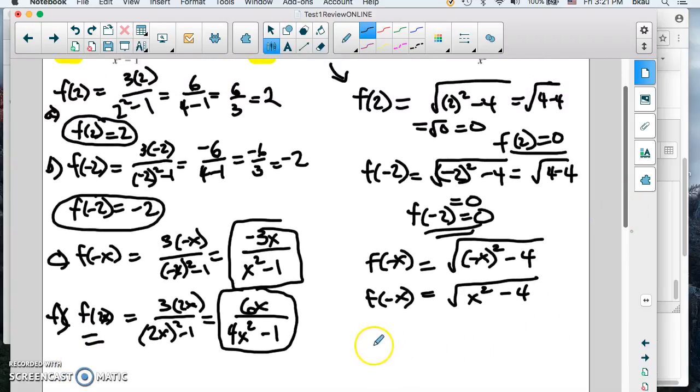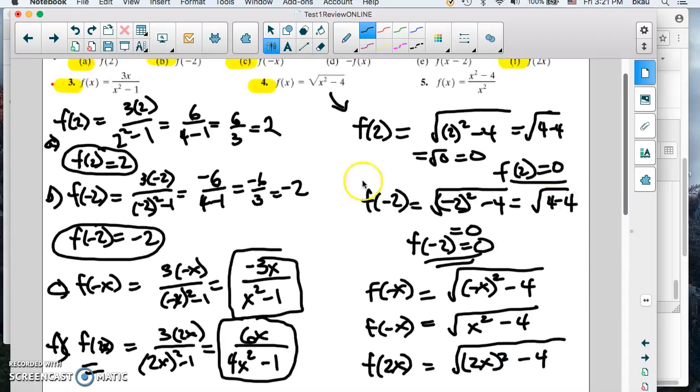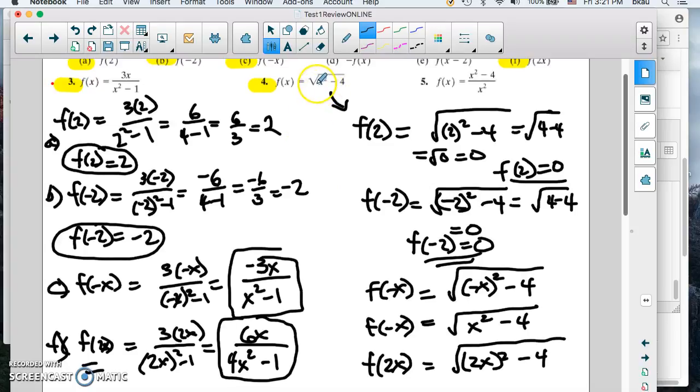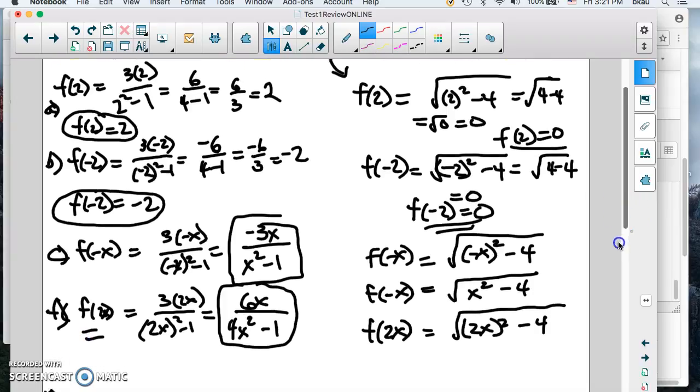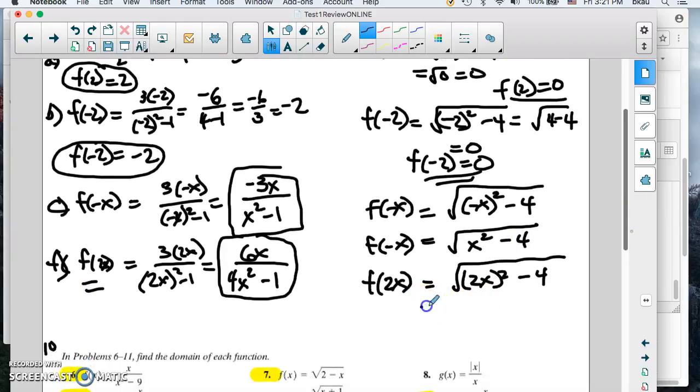And then the last one, we're going to put in f of 2x. So we're going to get the square root of 2x squared minus 4. Because anywhere there's an x in the formula, and there's only one here, this x becomes whatever value is in the parentheses, in this case 2x. So when we square that, we're going to get 4x squared minus 4.